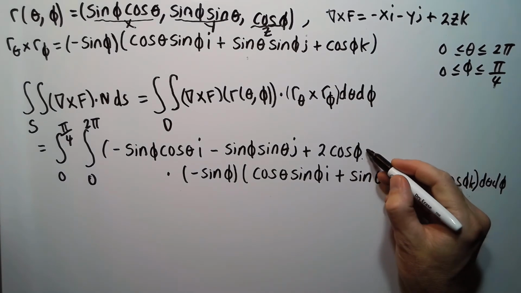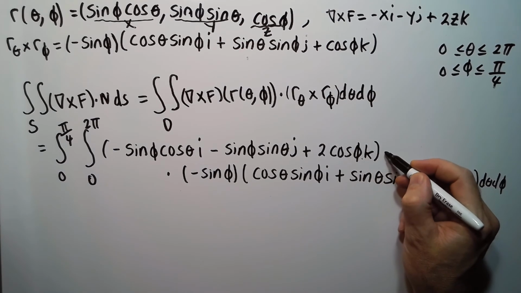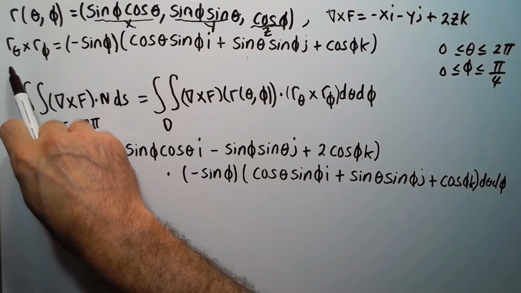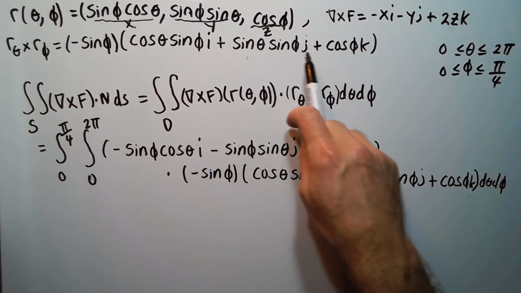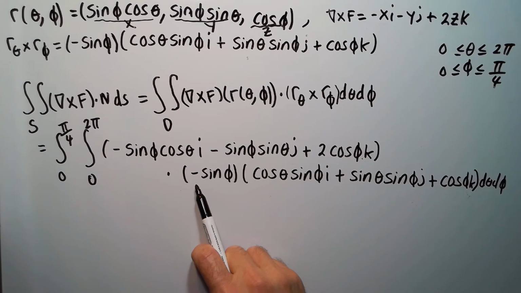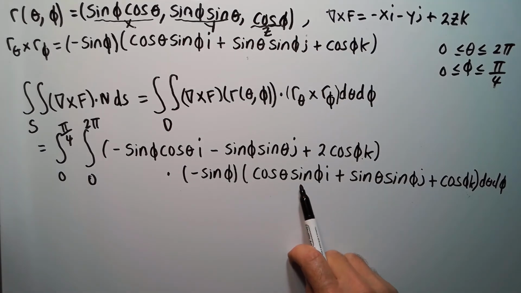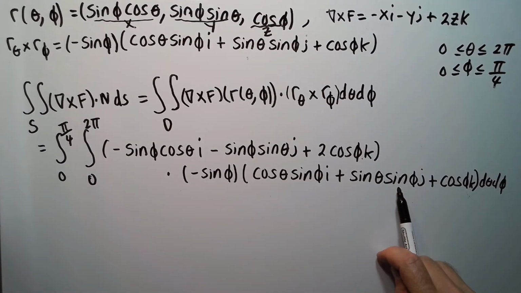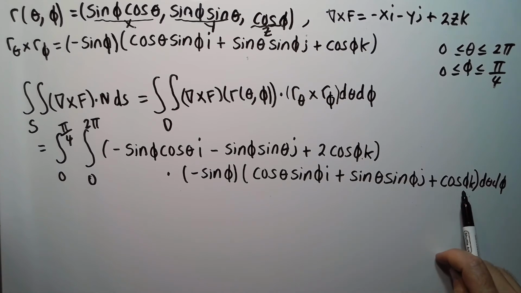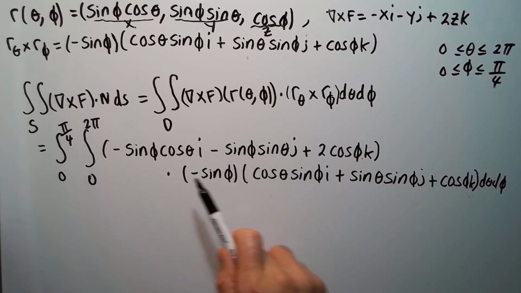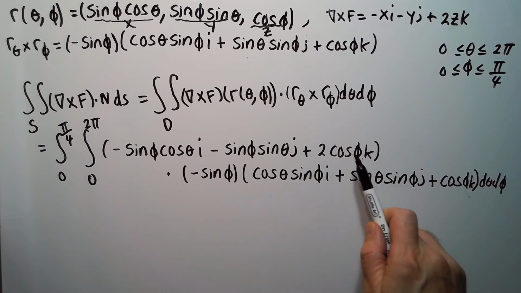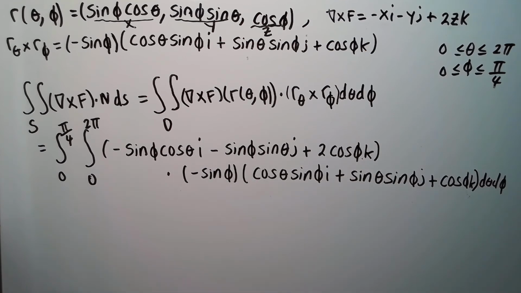K. Then dot it with my r theta cross r phi, which is right here, which I've written down here. So minus sine phi cosine theta sine phi I plus sine theta sine phi j plus cosine phi k d theta d phi. Now we're going to do this dot product. So we're going to multiply the I components, the j components, and the k components. So let me do that down here.